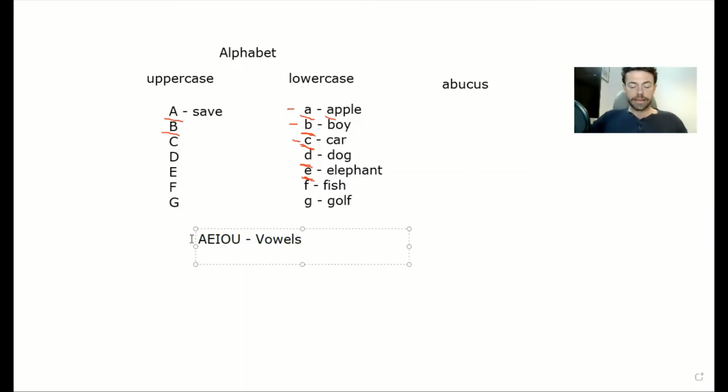And then the remaining letters, B, C, D, F, G, and so on and so forth, these are called consonants. Consonants.